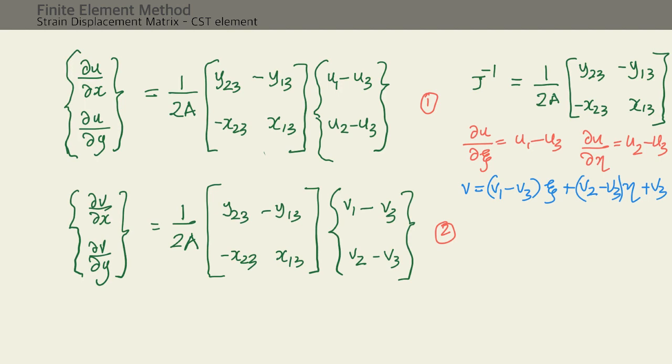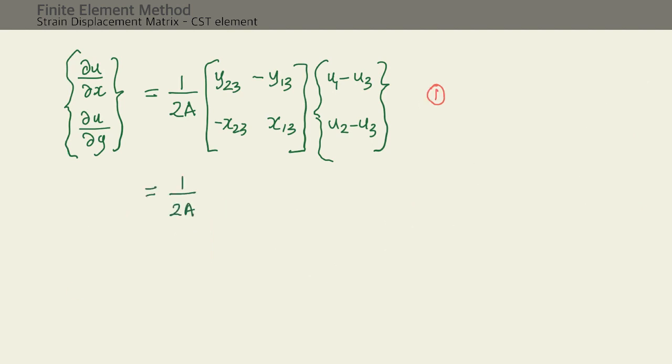I'll expand these matrices to get an expression for ∂u/∂x, ∂u/∂y, ∂v/∂x, and ∂v/∂y. If we expand equation 1, that would be equal to 1 by 2a into, you have to multiply this row with this column to get the first element, and the second element this row into this column.